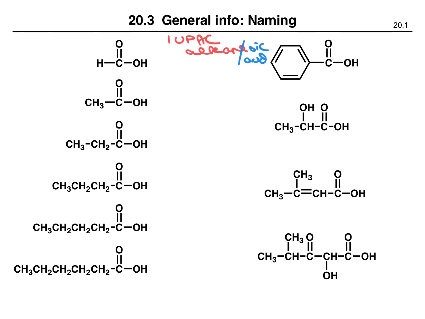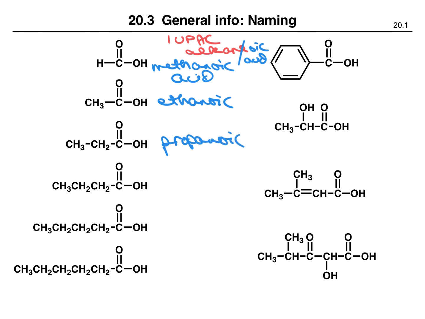So this first compound would be methanoic acid, ethanoic acid, propanoic acid, etc. The IUPAC name is going to be very helpful when we start looking at acids that have different substitution. But for simple acids, the common names are going to be incredibly important.